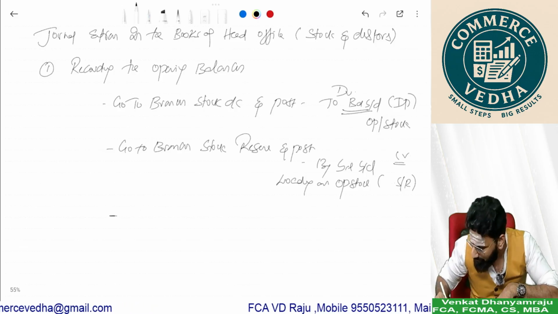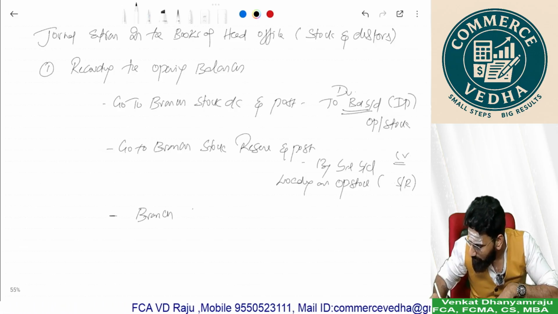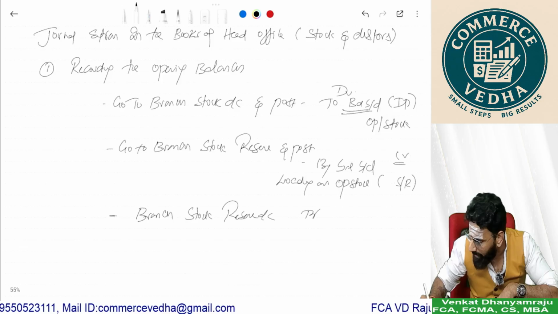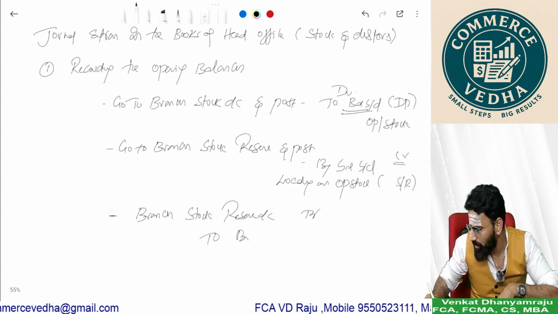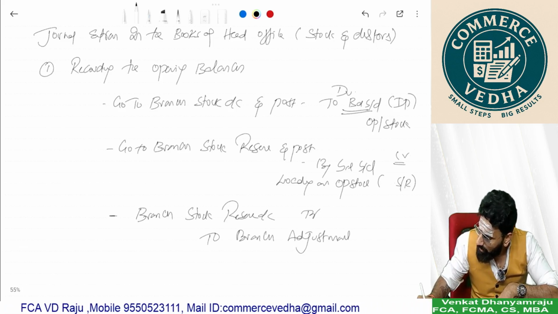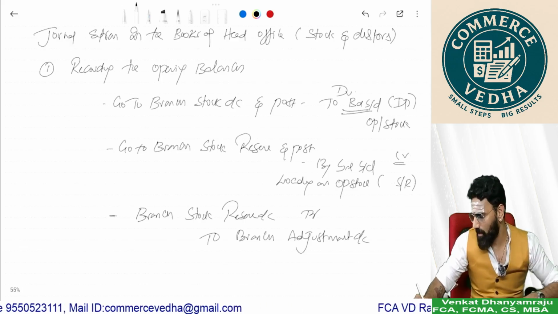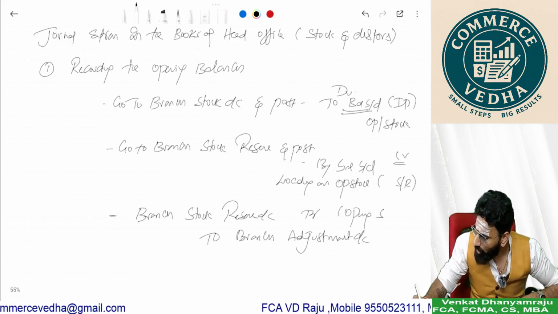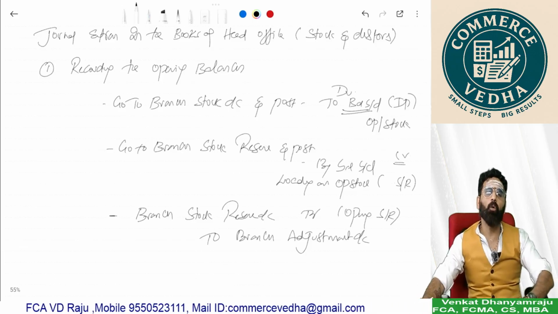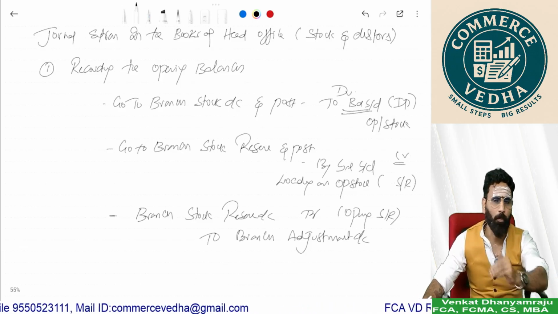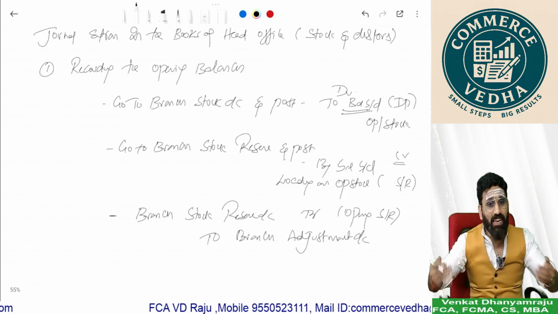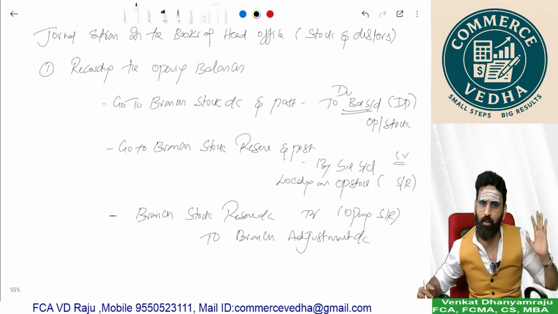So the entry is branch stock reserve account debit to branch adjustment account. So this is the opening stock reserve. So now the stock reserve account is closed. Stock reserve account should only have a closing balance. Opening balance, the minute you record it, immediately you transfer it, make it 0. And again at the end of the year you will get the closing balance of stock reserve.